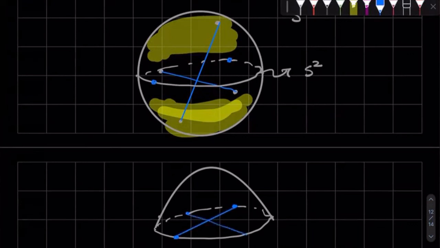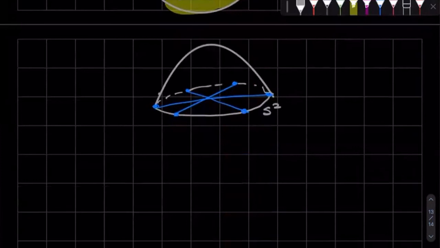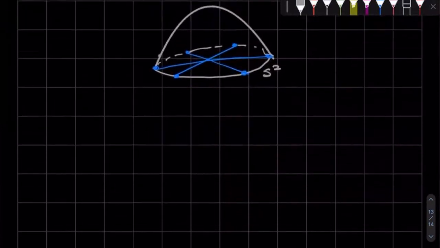So the points inside the disk are simple points. They don't have any complicated features. But the ones on the S2, on the edge of the disk, are oppositely identified.